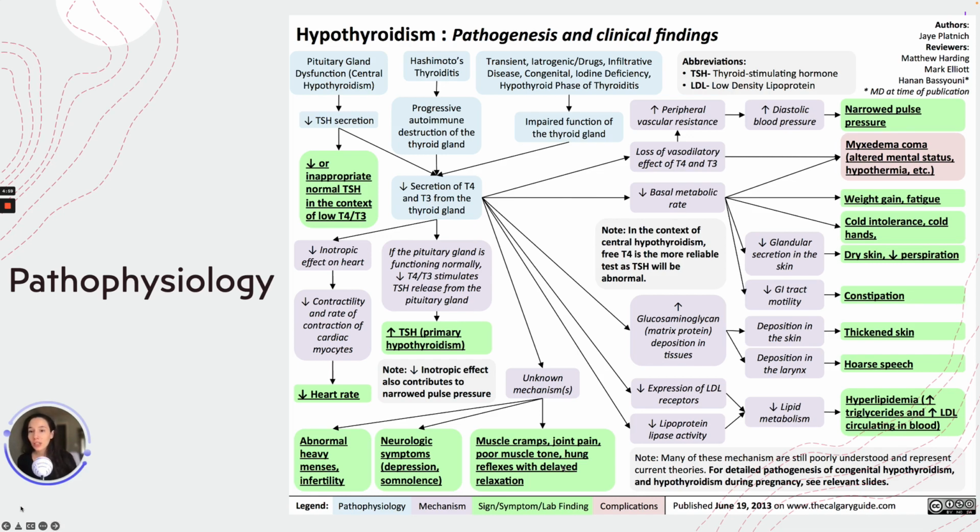If the pituitary gland is functioning normally, then the decreased T4 and T3 stimulates TSH release from the pituitary gland, so we'll see an increase in TSH.